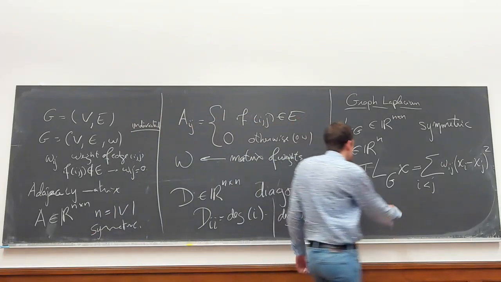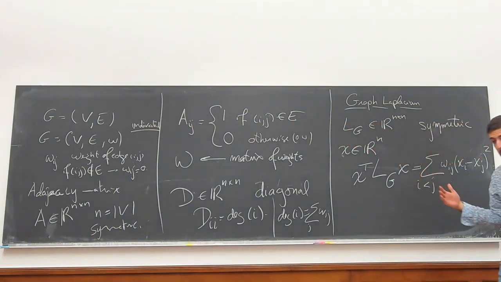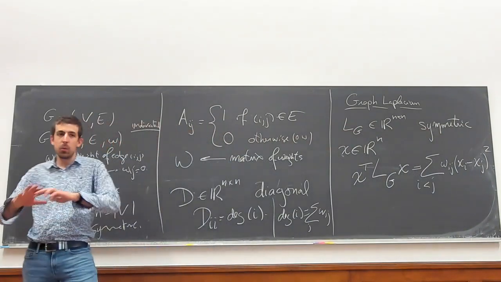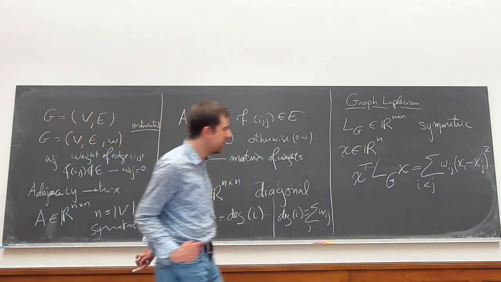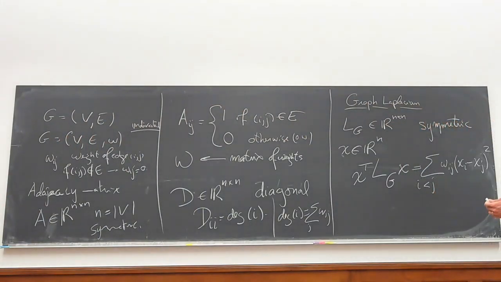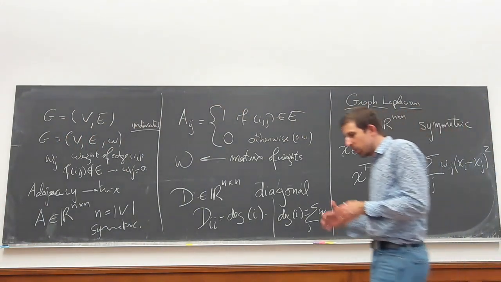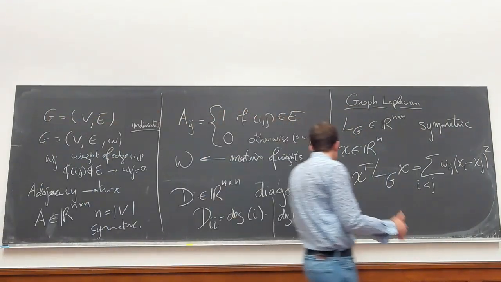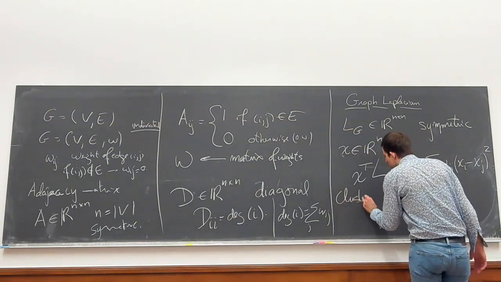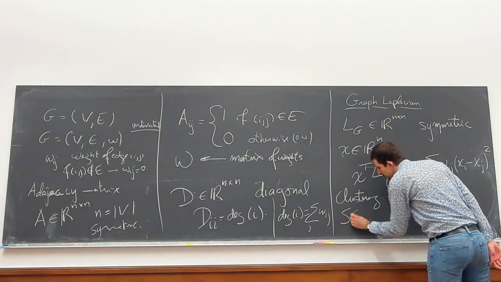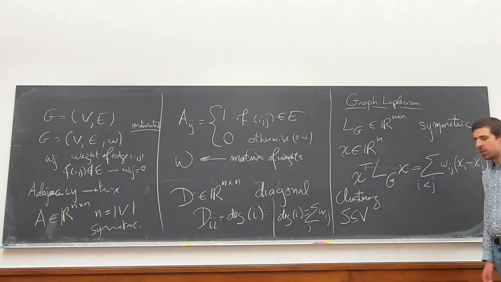But in particular, a lot of this is going to be about clustering, a form of unsupervised learning of the data. I get data, I want to split it into groups. In order to talk about clustering, we talked about cuts. In clustering, the idea is to find a set S, a subset of the vertices.